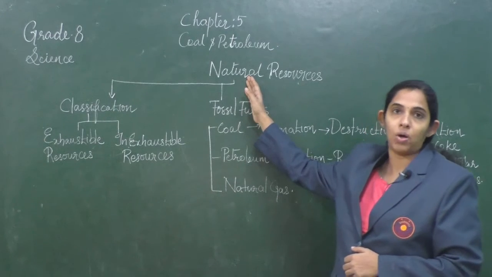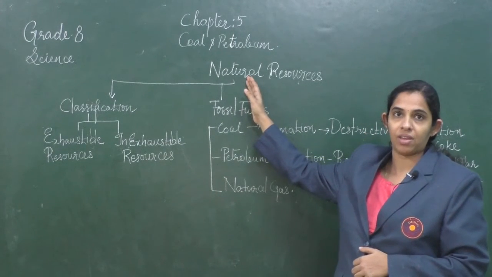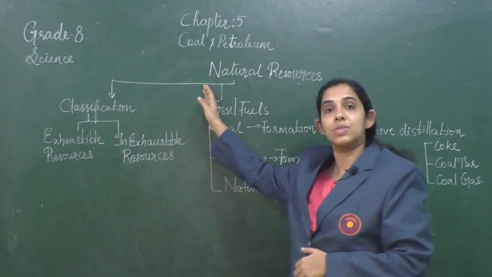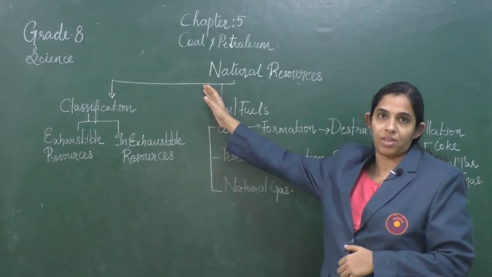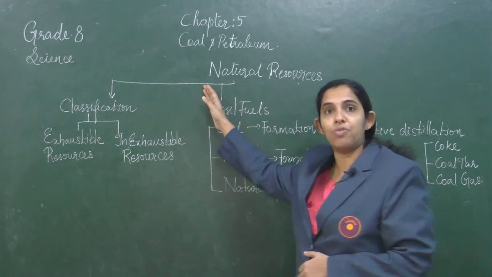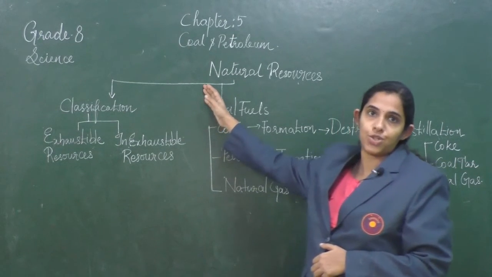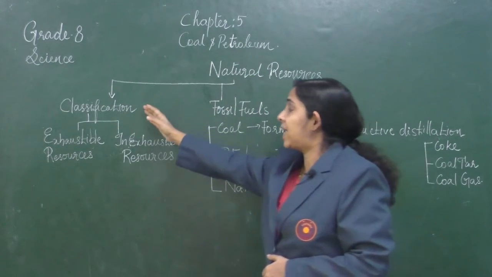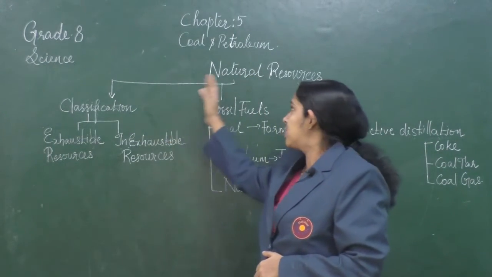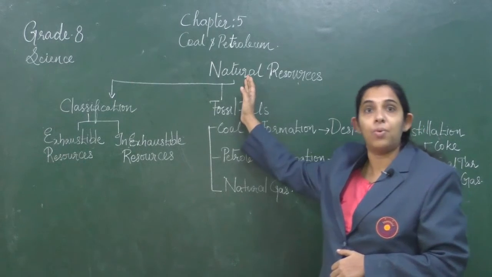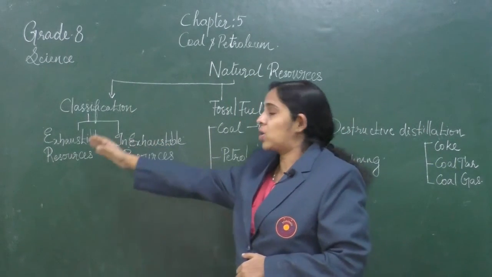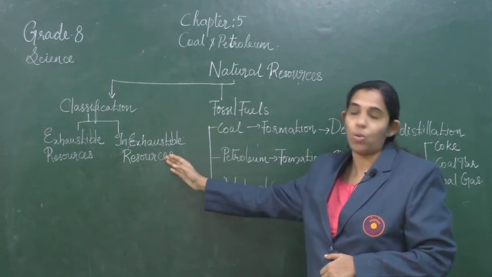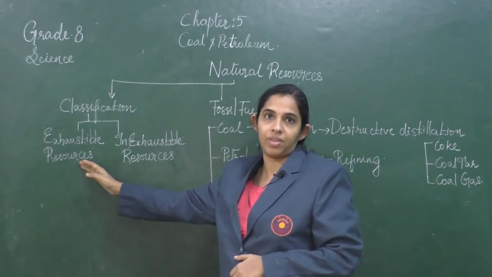Here we have discussed natural resources. In the first section of the chapter, we have discussed what natural resources are. Any substance of use or value that occurs in nature is called a natural resource. Based on their availability, natural resources can be classified broadly into two: exhaustible resources and inexhaustible resources. What are exhaustible resources?